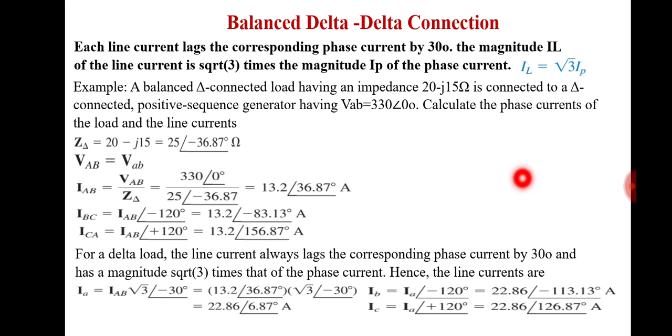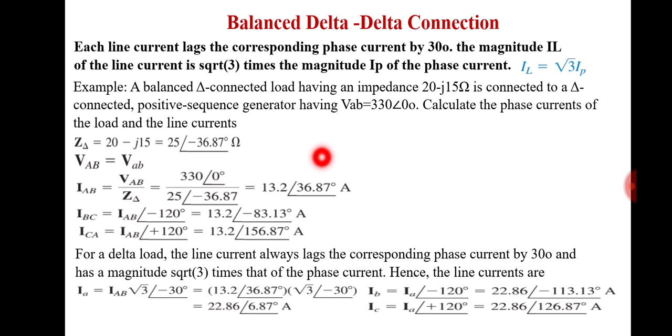Now an example. A balanced delta connected load having an impedance 20 minus J15 ohm is connected to a delta connected positive sequence generator having VAB is equal to 330 with angle 0 degree. Calculate the phase currents of the load and the line currents. Here the impedance and voltages are given.